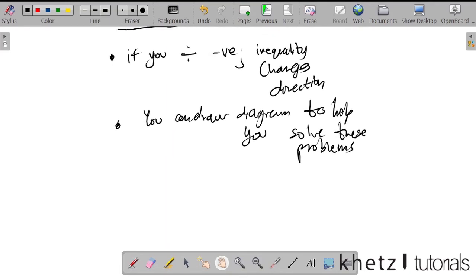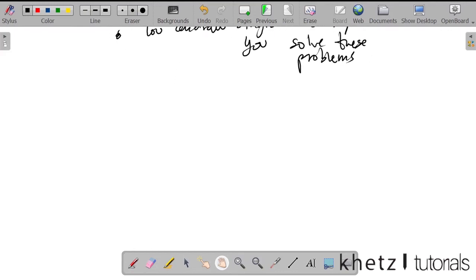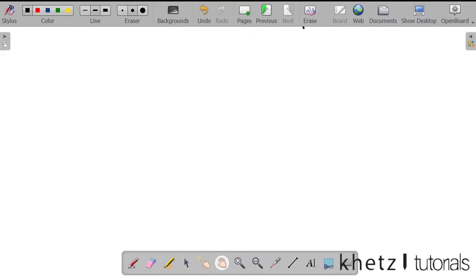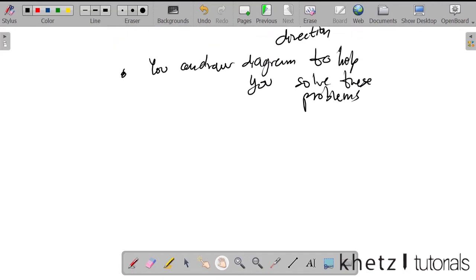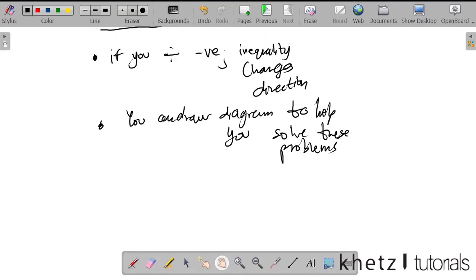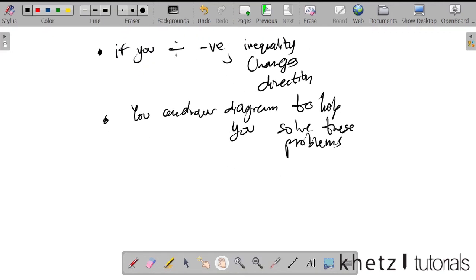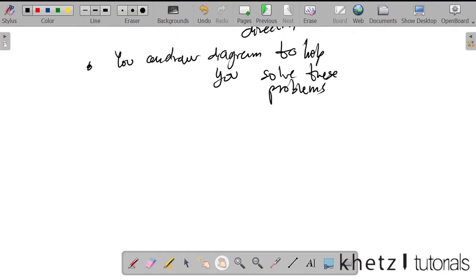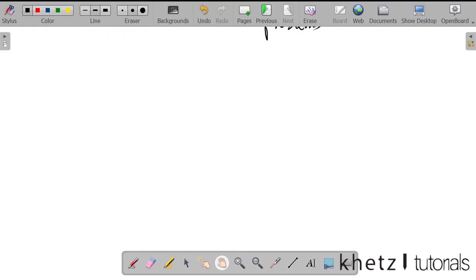So in some textbooks, you'll see that they don't actually go through the math, they just draw diagrams and proceed to write the answer. So depending on what the question tells you, you either have to actually solve or draw the diagram, or you have to solve and draw the diagram. So just take note of what the question is saying. If you weren't asked to draw the diagram, you can just draw it for yourself, if that is how you basically understand it more, but focus on solving the problem.